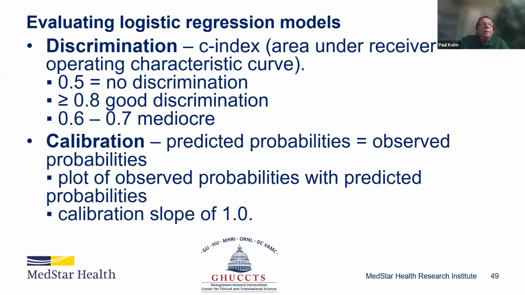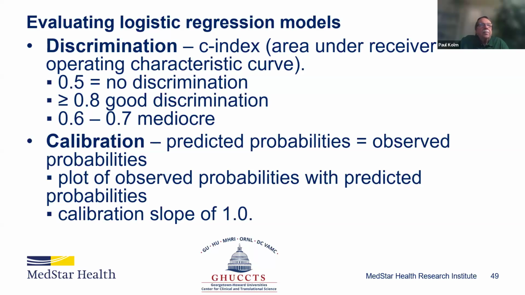if our C-index, just like the area under the receiver operating characteristic curve, is 0.5, then we have no discrimination. Good discrimination is usually considered 0.8 or above.